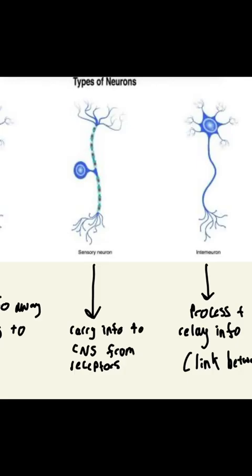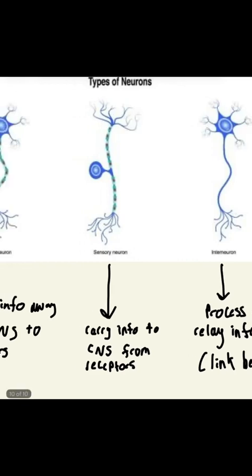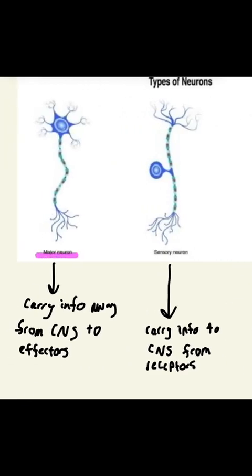The sensory neurons will send the information to the central nervous system, which consists of the spine and the brain. And the central nervous system will decide what to do with it, and then it'll send the information via the motor neurons to the effectors that will initiate the response.